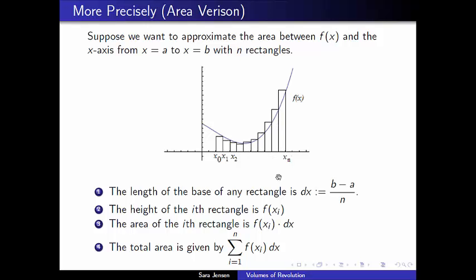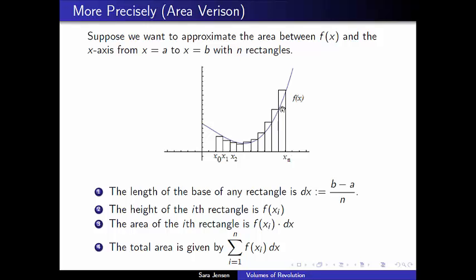And that was given by the length of our interval, endpoint minus start point, divided by the number of rectangles. And because that value was constant and the same for each one of the rectangles, we called that dx, where the dx is standing for the small difference in x values.